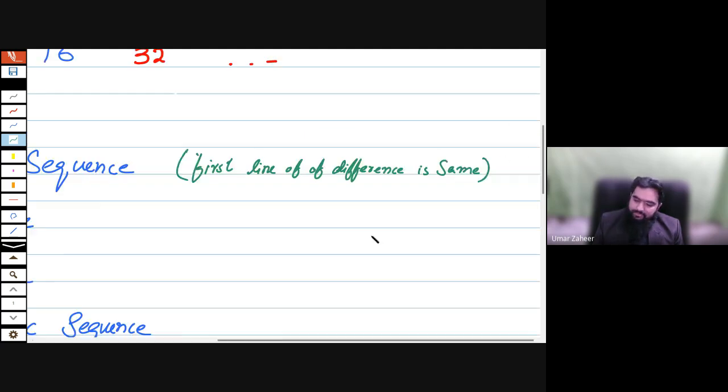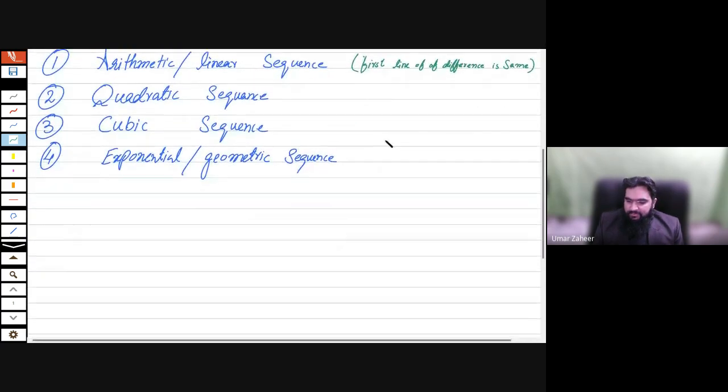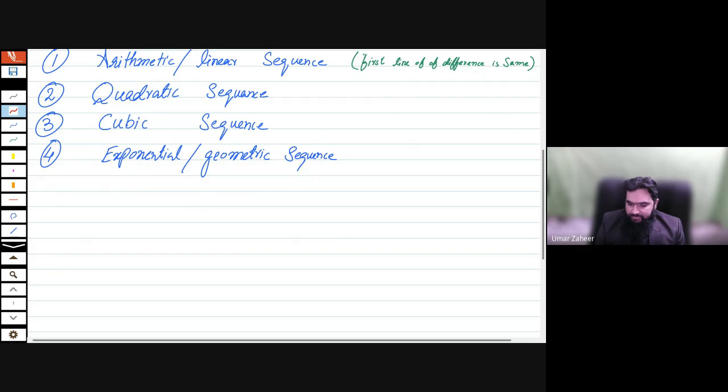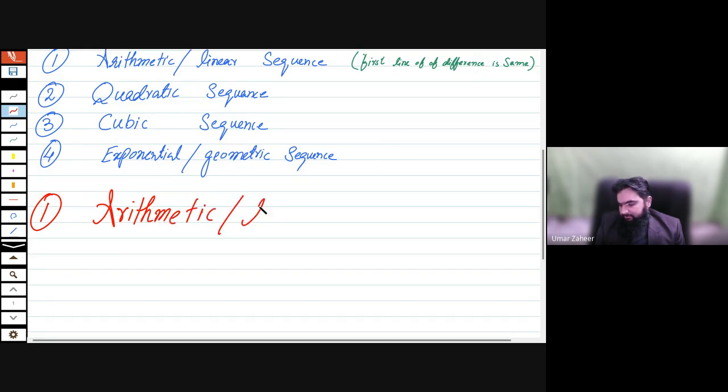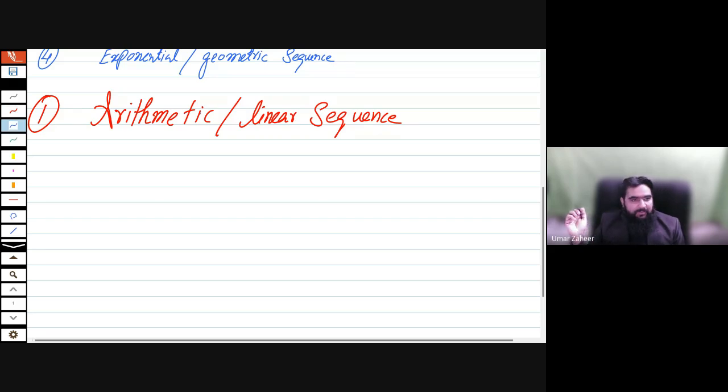Let's see how to discuss it. We are just going to go for the very first one, that is arithmetic or linear sequence. We just have to discuss an example of the arithmetic sequence.